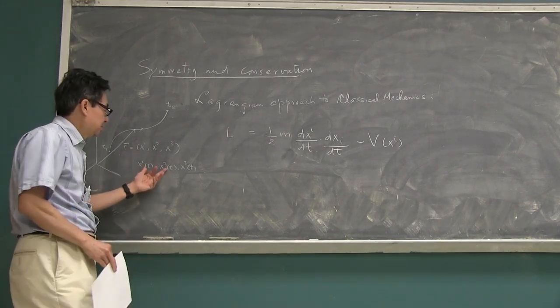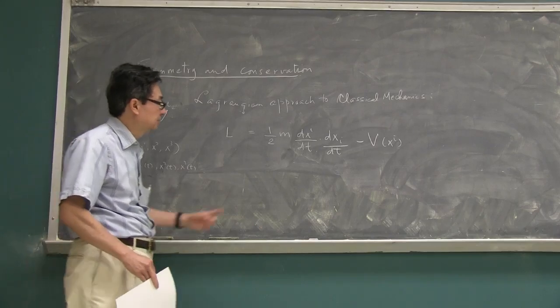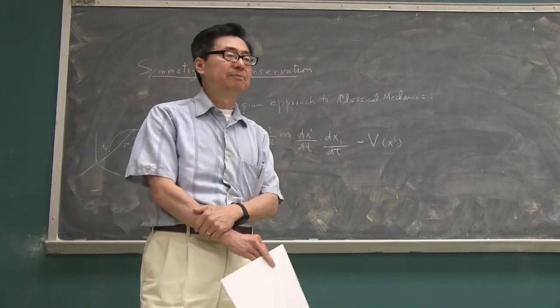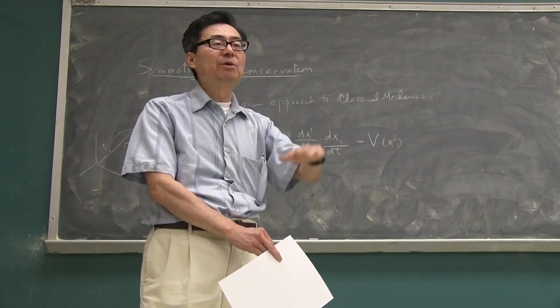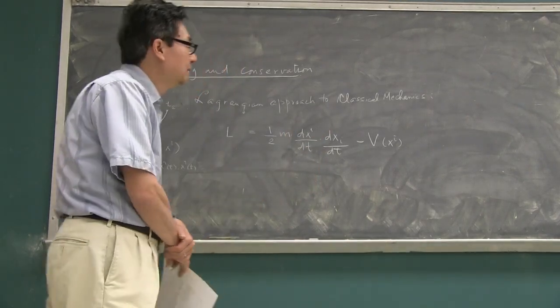Now, perhaps there's a question about the relative positions of these indices. I've written this as one up, one down, but here we're talking about Euclidean vectors. So you raise and lower indices using the delta function.